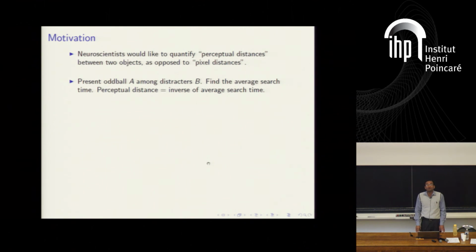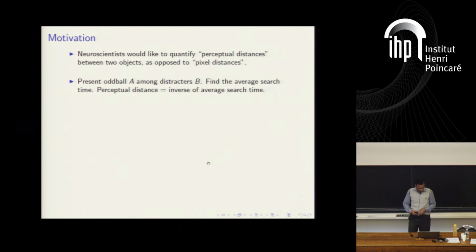When I got introduced to this problem, a neuroscientist essentially said perceptual distance is the inverse of the search time. It wasn't clear to me why it ought to be the inverse, and if the inverse, what function of search time you should look at, and if there is some other function of the underlying representations that we could take into account.